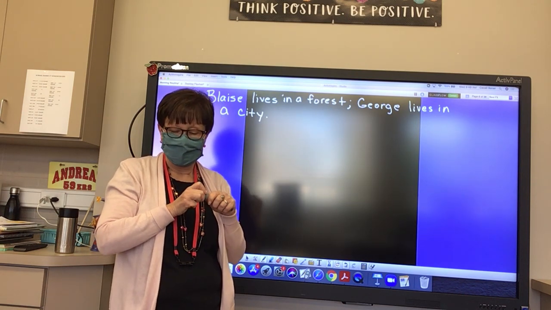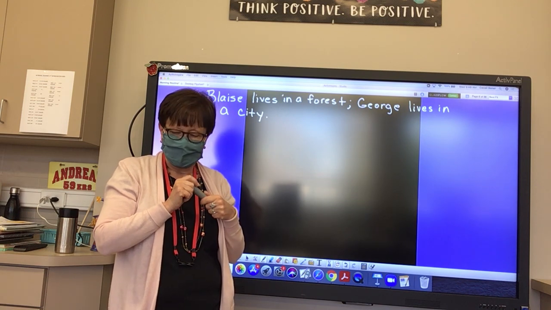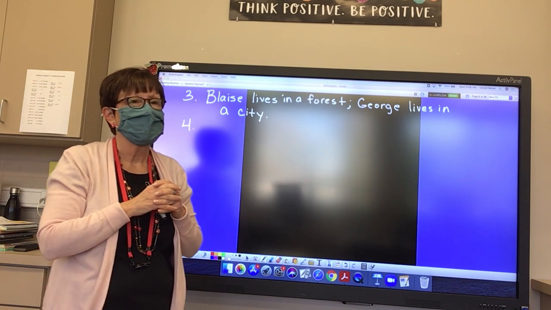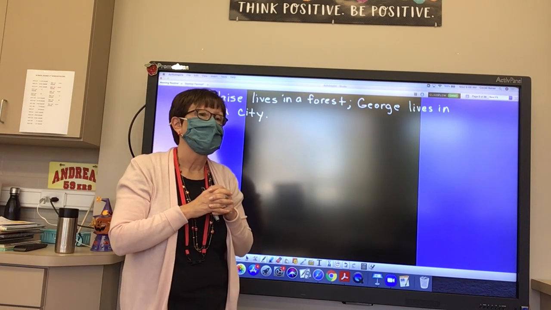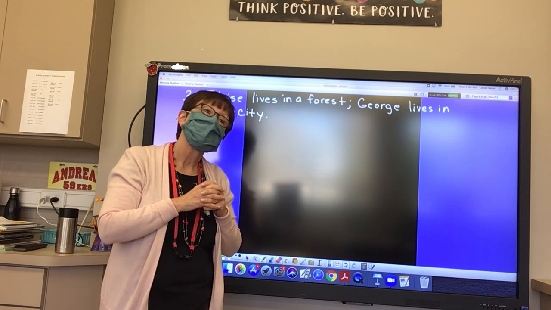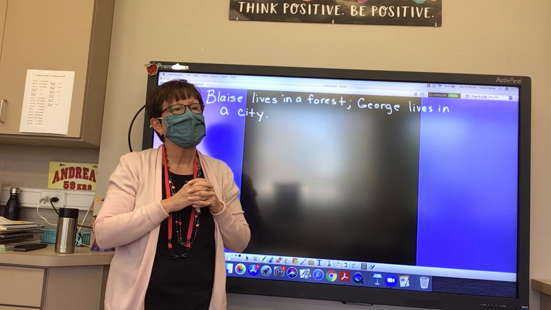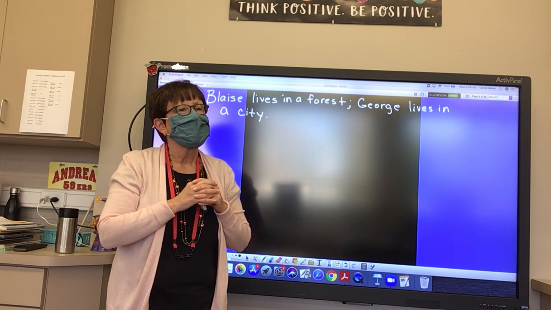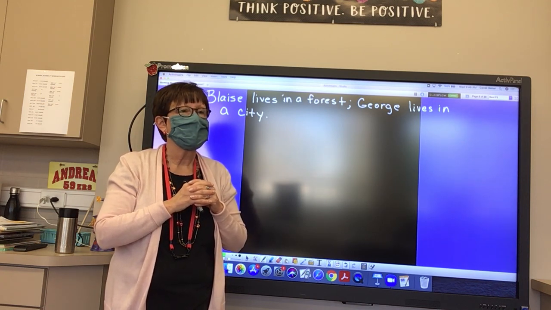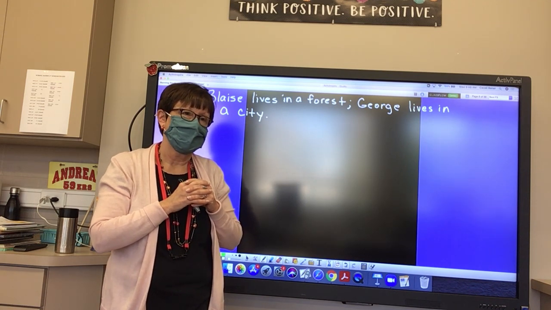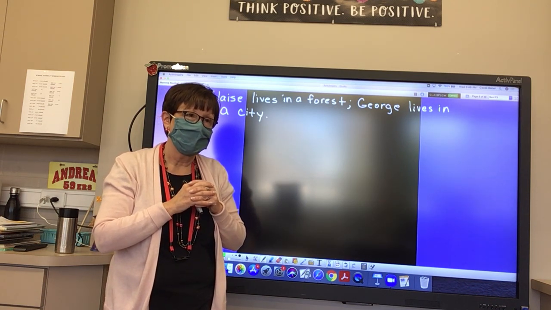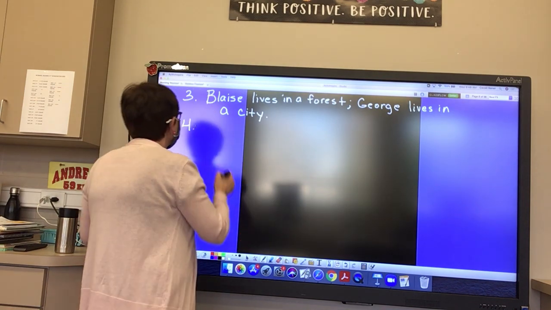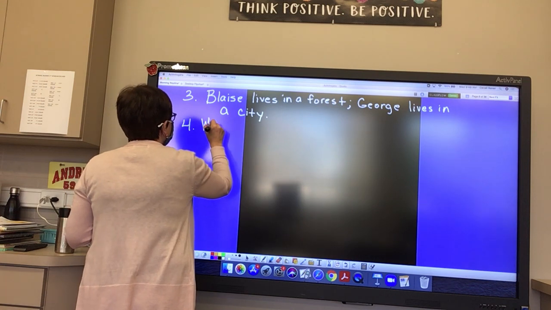So the author kind of uses, in Dear Primo, what Ivy said, Charlito lives in Mexico, okay, and Blaze lives in the forest. Yeah, so we get to see where the characters live.